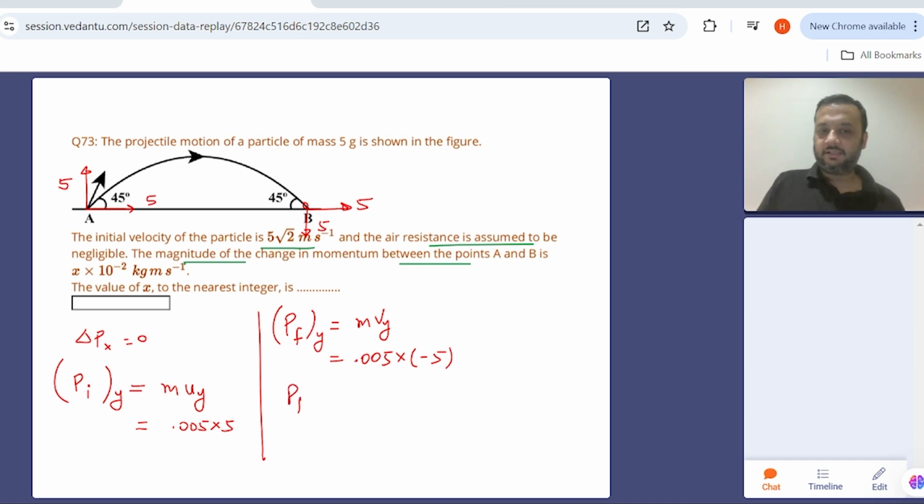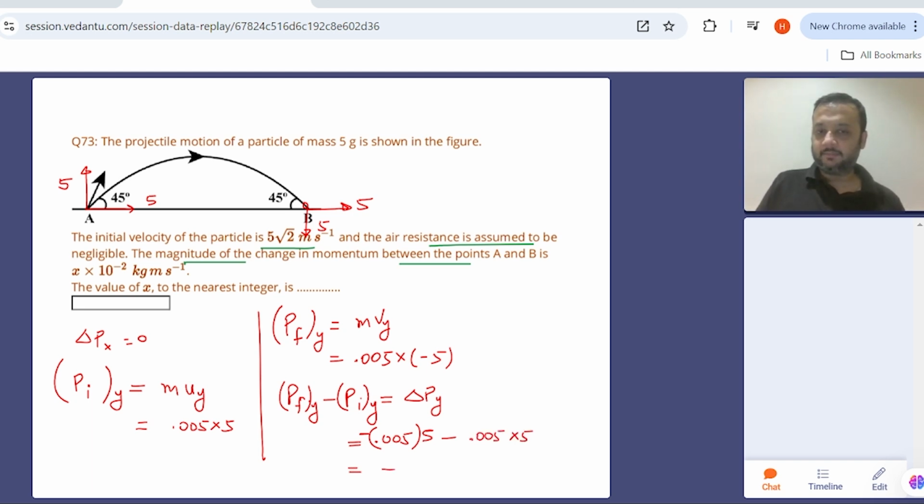So we have to find the change in the momentum. So pfy minus p initial y, that is delta py, is equal to 0.005 into minus 5, minus the initial momentum, which was 0.005 into 5.